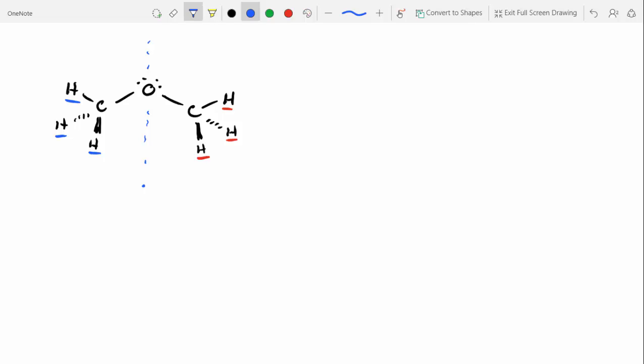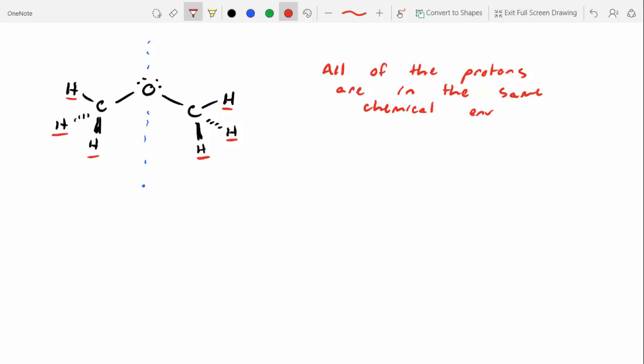So if we look at these, we would only expect one signal because all the protons are in the same chemical environment, meaning we'll only get one signal.